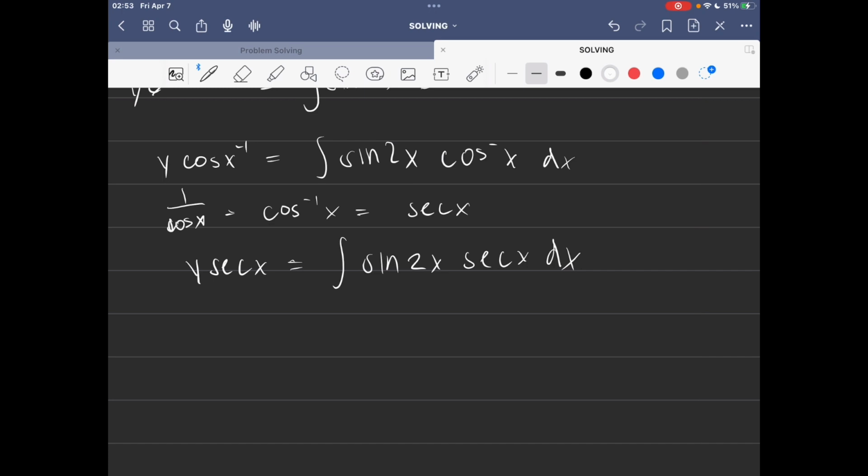Then we are going to use another trig identity, which is sine 2x is equal to 2 cos x sine x.